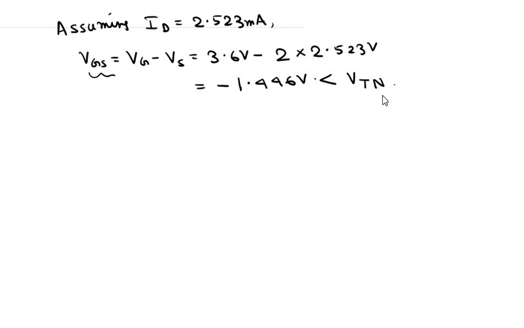Of course my MOSFET cannot conduct any current if VGS is minus 1.446 volts. So this might be a mathematical solution, but ID equal to 2.523 milliamperes is not a physical solution.